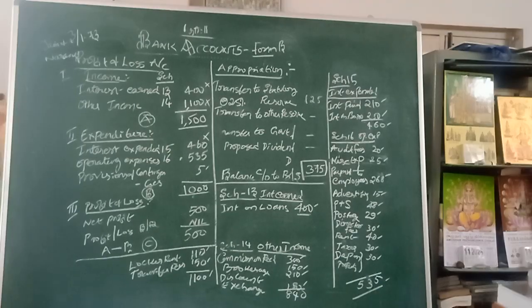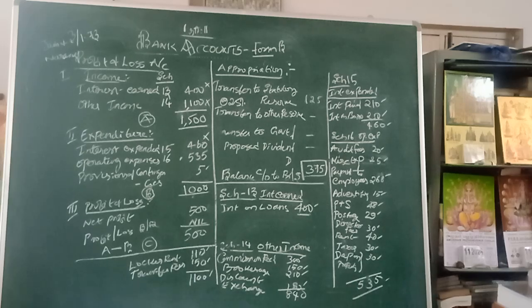Another one is operating expenses, various expenses incurred for that bank. That comes to 535 rupees. That one is taken in expenditure, operating expenses, schedule number 16.